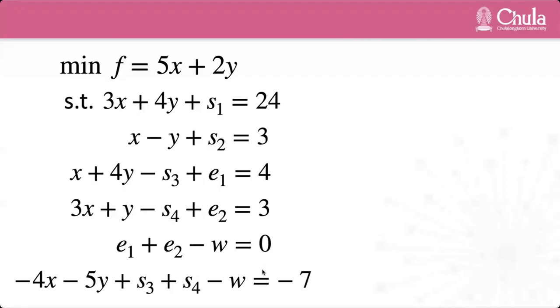No, we have only three variables, E1, E2, E3. So E1 plus E2 plus E3 minus W must be 0, right? And then from the constraints that contain E1, E2, E3, you substitute for E1, E2, E3 back.